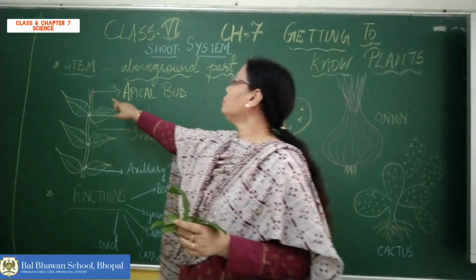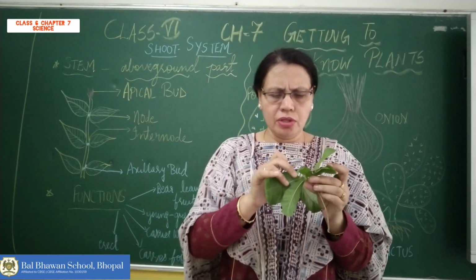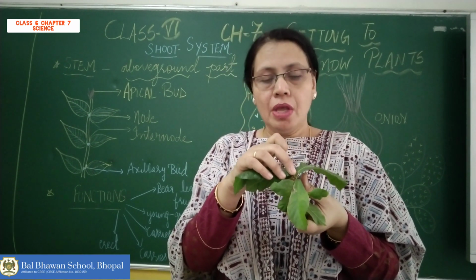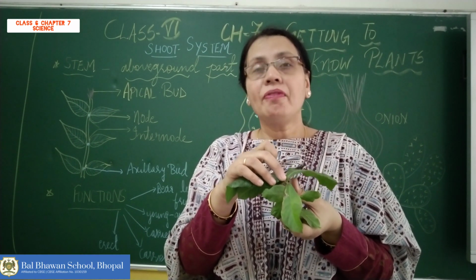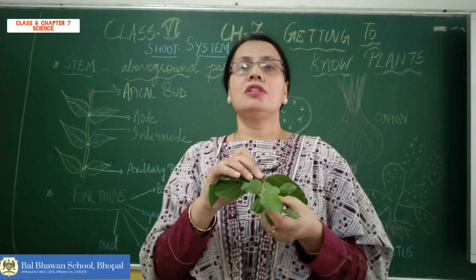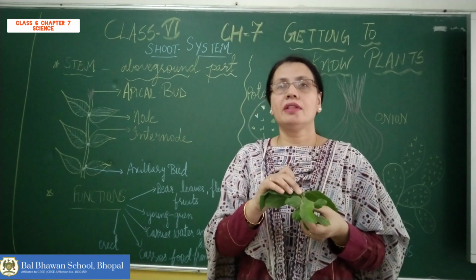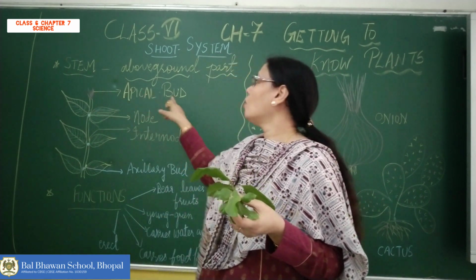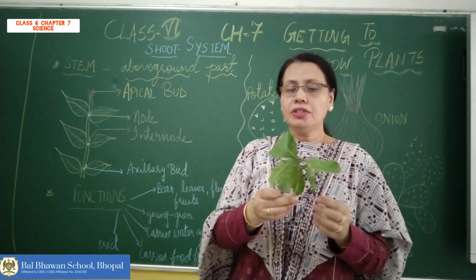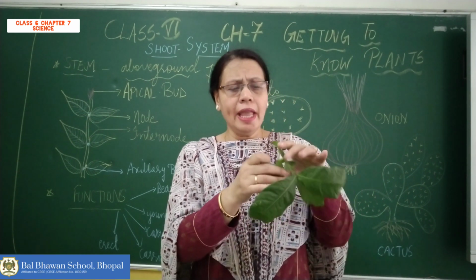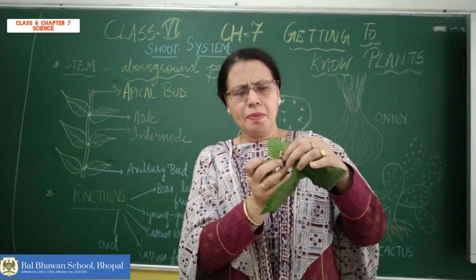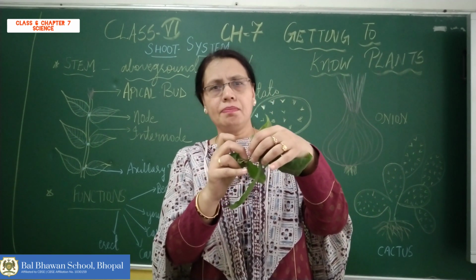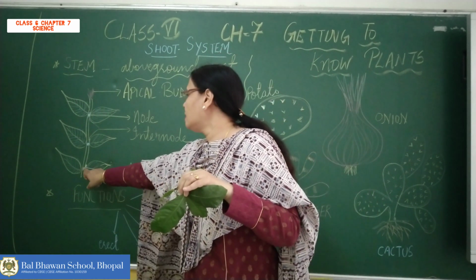Now coming to the apical bud. At the top, children, you can see that a bud is present which grows in the upward direction and is responsible for increasing the height of the plant. So that bud at the apex is called the apical bud. Then, children, at the angle, at this space, you can see an axillary bud is present.